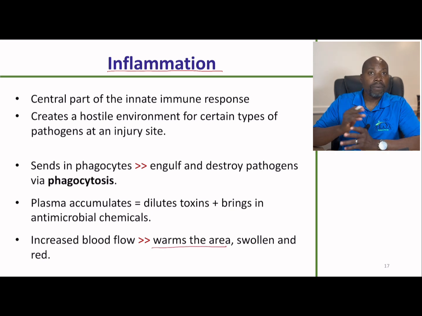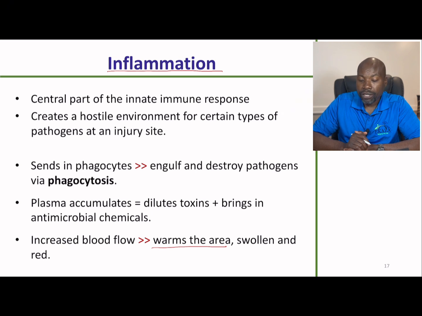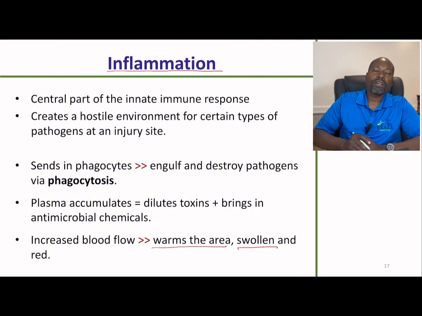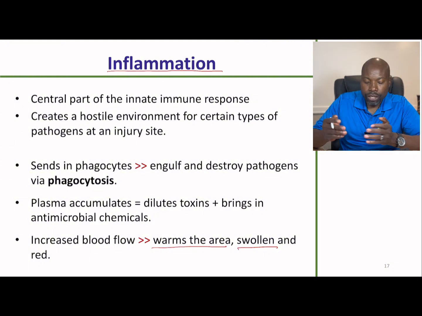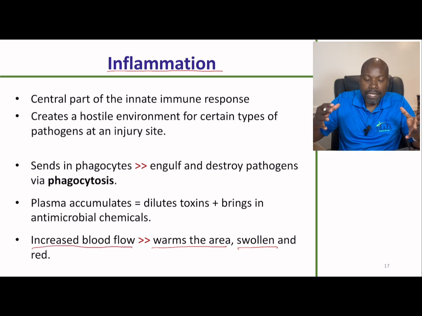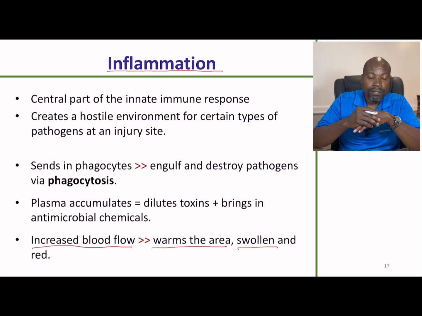the warmth in the area where inflammation is happening, and the swelling. All of that is going to be caused by what we call vasodilation, or an increase of blood flow that causes a swelling of blood vessels in the area where inflammation is happening, right?